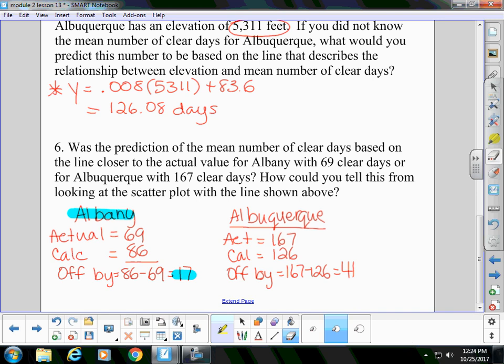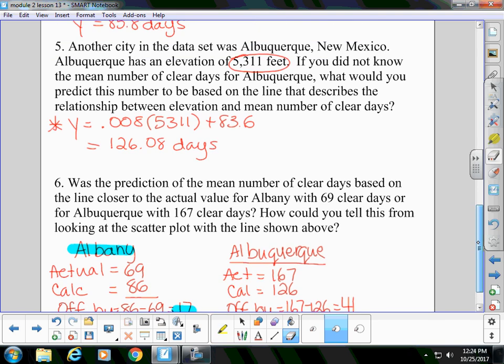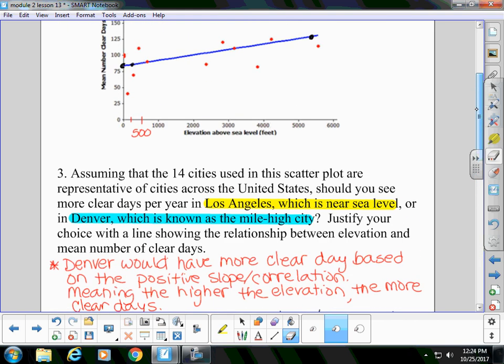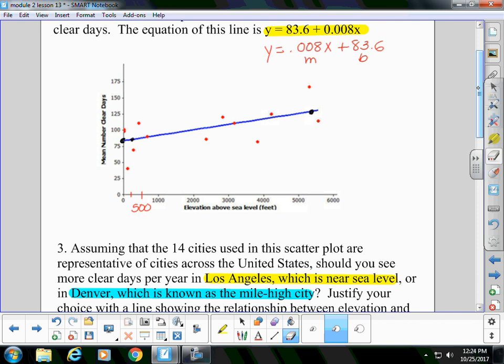Okay, so now it asks us, how can we actually tell that the prediction was closer for Albany versus Albuquerque? So if we go back to the graph here, first of all, this is going to be the point.